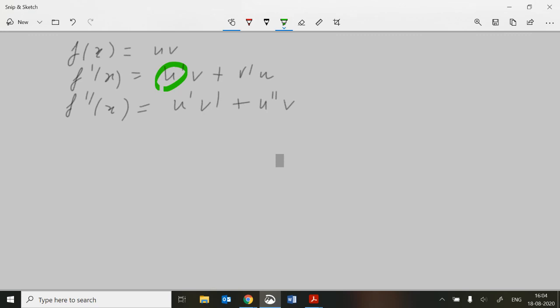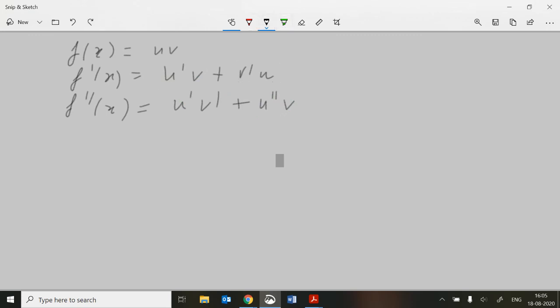So we're going to do U and V dash. You can see I've applied the product rule again. So we've got this function here and its derivative there, and we've got this function here and its derivative there. That's a good way of saying it.